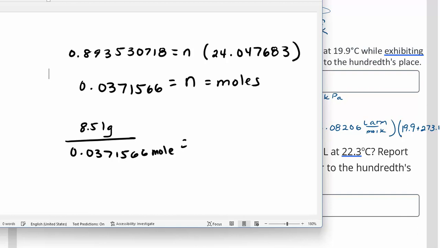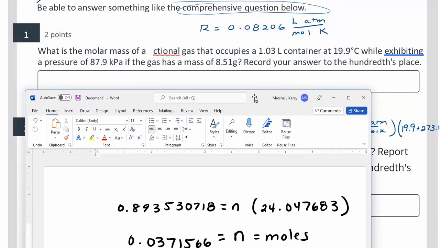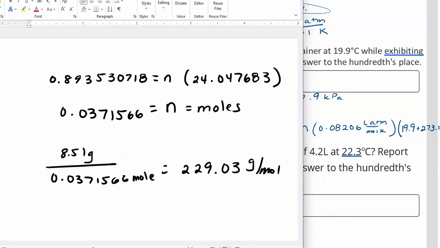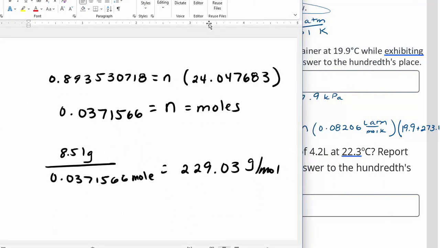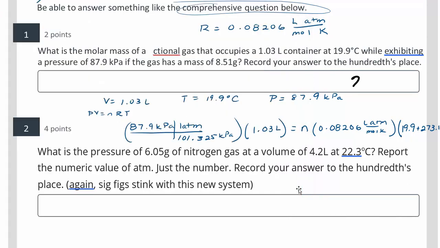So when I divide these two values, I will get the grams per mole, and that is 229.03 grams per mole. So now I look back into my original question, and all of those numbers have 3 significant digits. So I can only record 3 significant digits. So I would record 229 grams per mole. That's 3 significant digits.